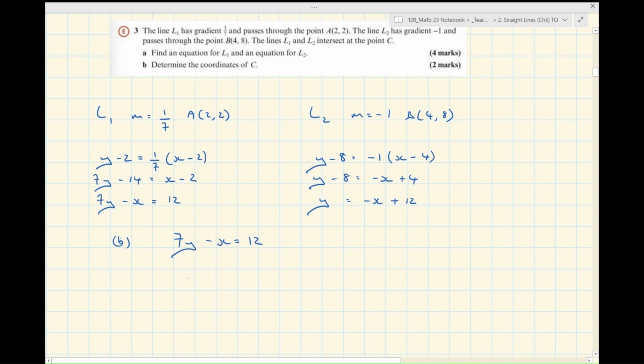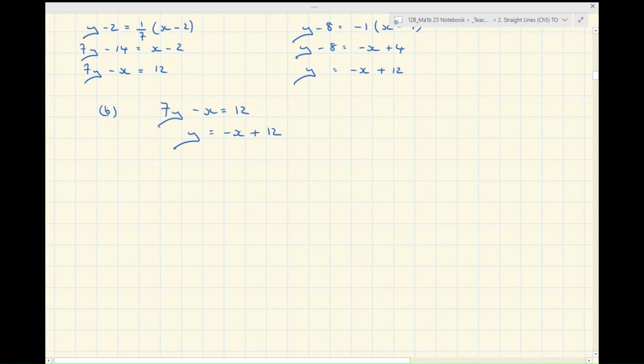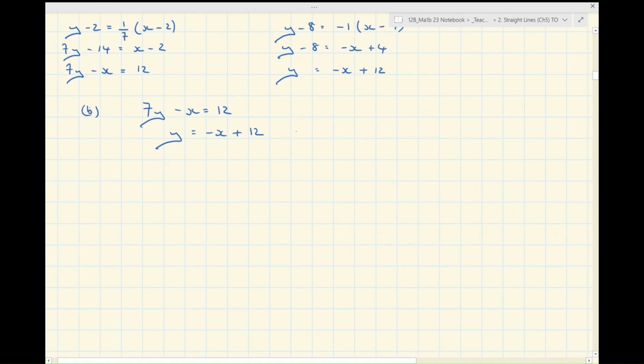So I'll write them down. And I'm going to solve this by substitution. I'm going to substitute equation 2 into equation 1. So now I'm going to have not 7y, but 7 lots of minus x plus 12, minus x equals 12. So that's going to be minus 7x plus 84 minus x equals 12.